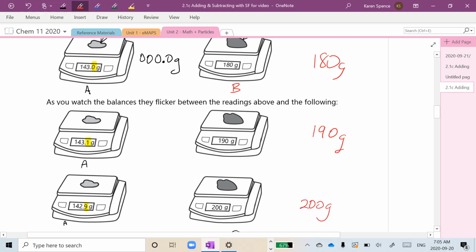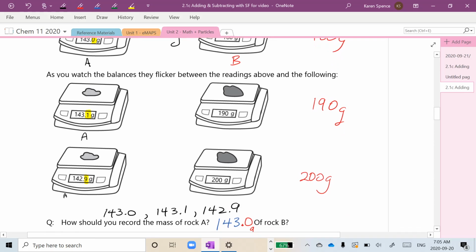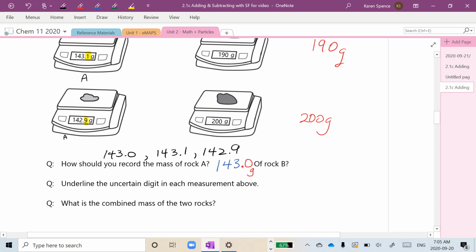So it's going back and forth between all three. When you look at rock B, how would you record your measurement? Well, I have 180, I have 190, and I have 200 grams. So I'm going to pick the one that's in the middle.